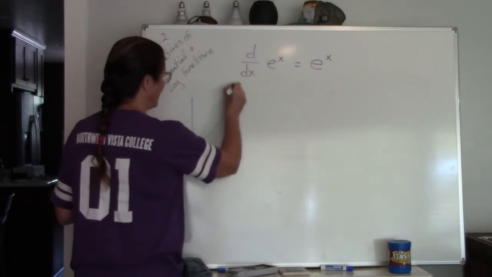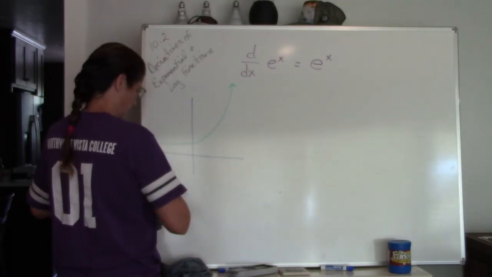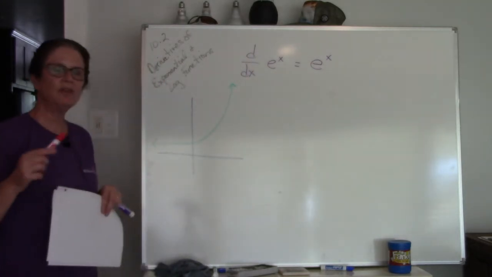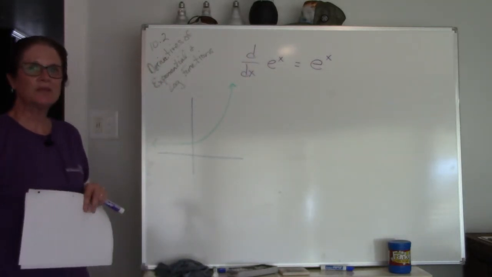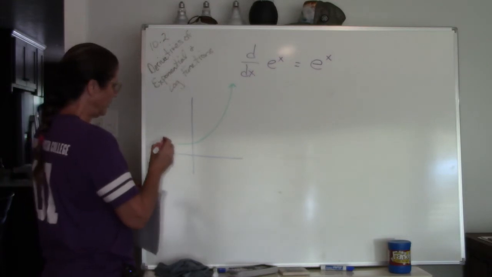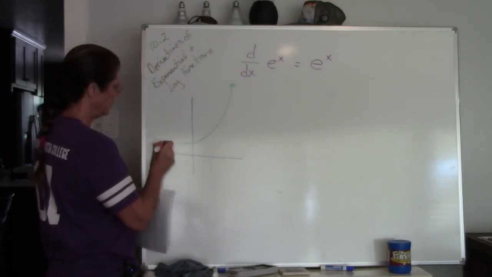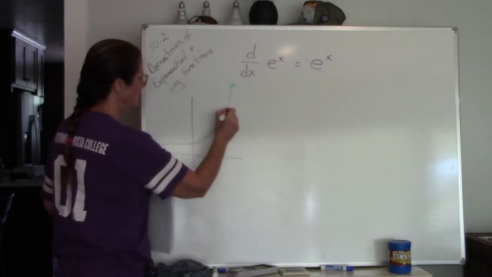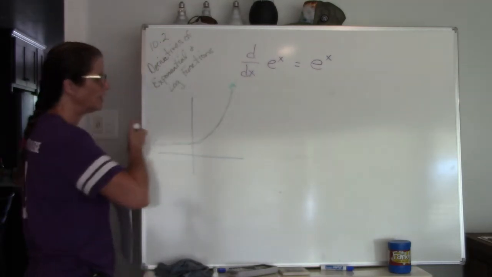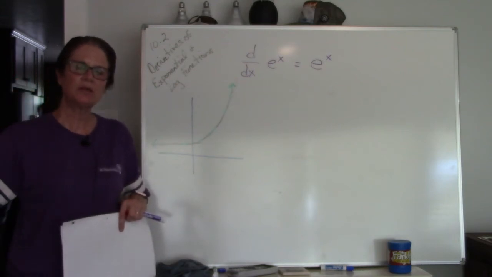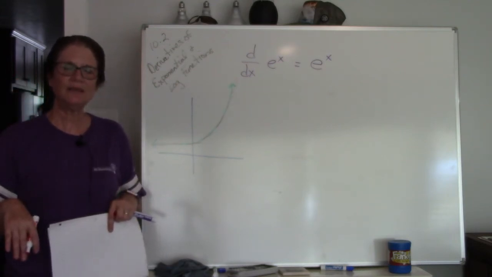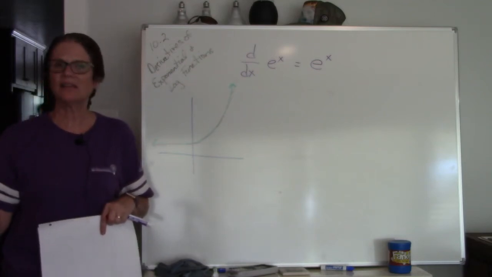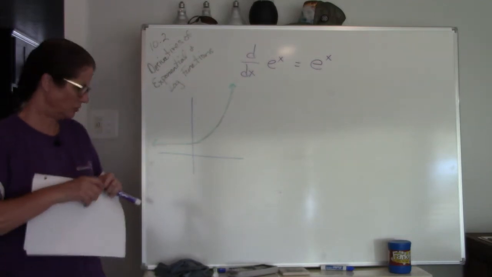It looks something like this. What this says is the derivative, or the slope, is the same thing. If I were to find the slope anywhere along this line, you can see my red has the exact same shape as the actual function. So the derivative of e to the x is just e to the x. It's the easiest one you'll use.